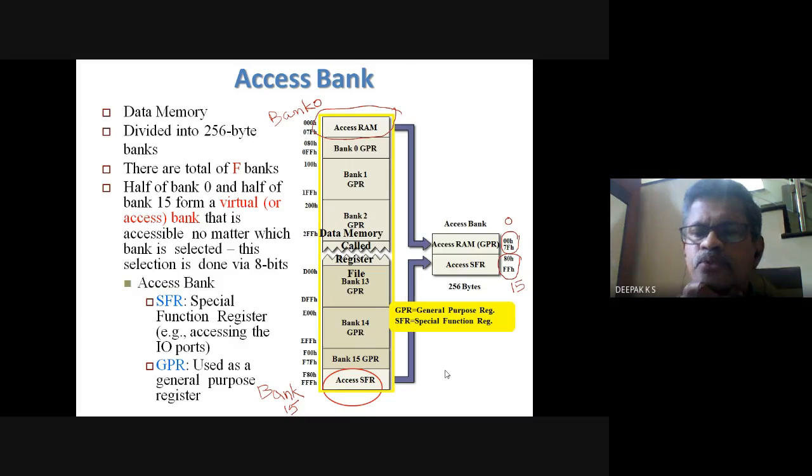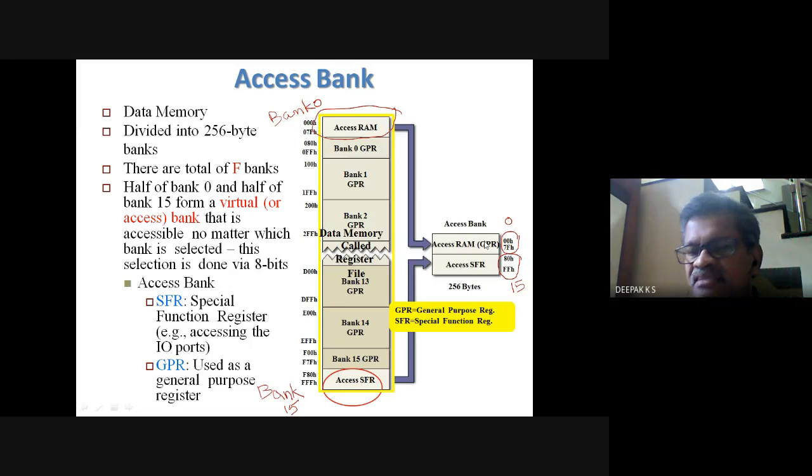So we will come to a specific bank called the Access Bank. One bank has 256 bytes. The Access Bank means the first 128 bytes of bank 0 and the last 128 bytes of bank 15, which is SFR, and the first 128 bytes of bank 0, which is GPR.